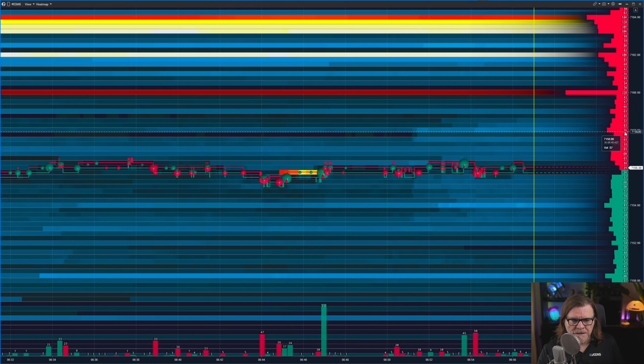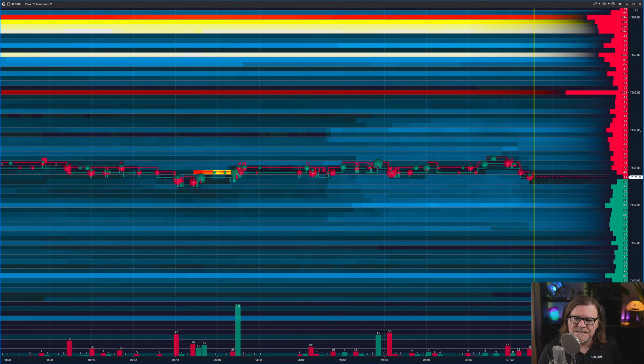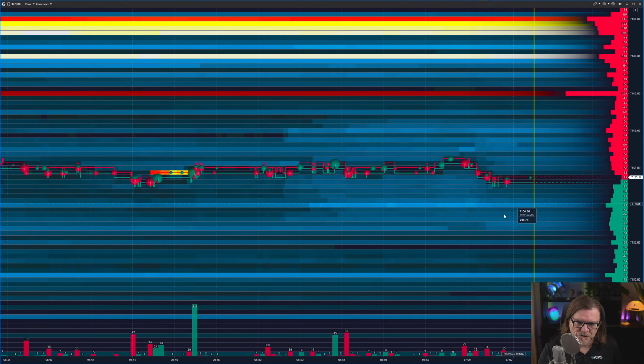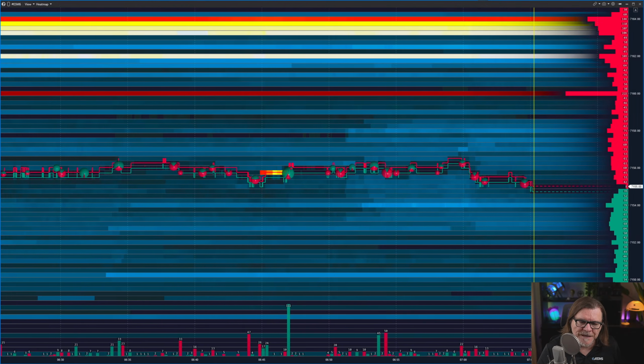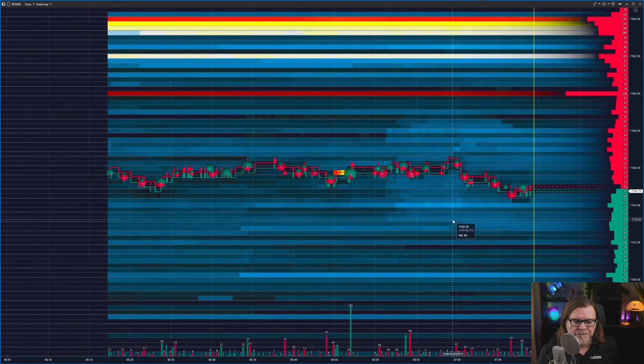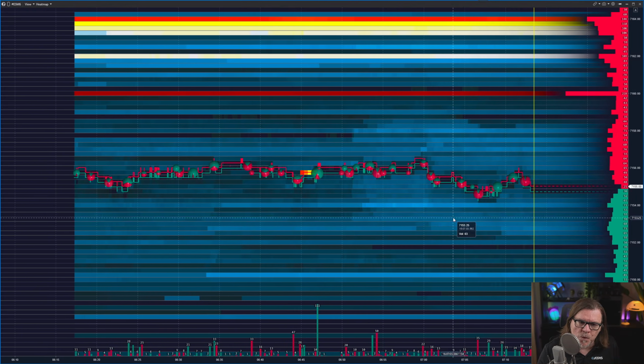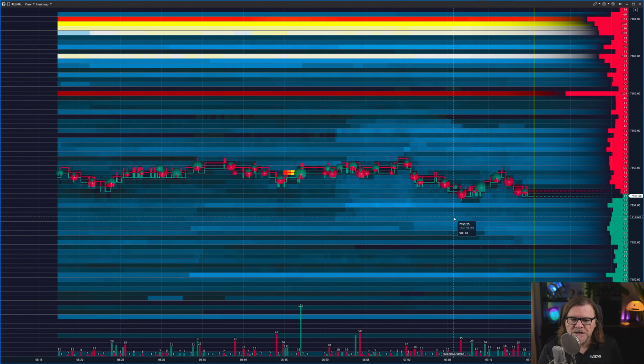The first thing you probably recognize is the user interface or the smoothness of the heat map, because the developers focused on how traders work with the heat map. They sit in front of it.